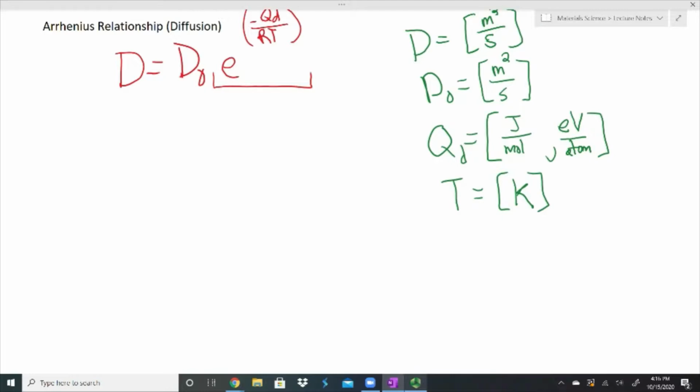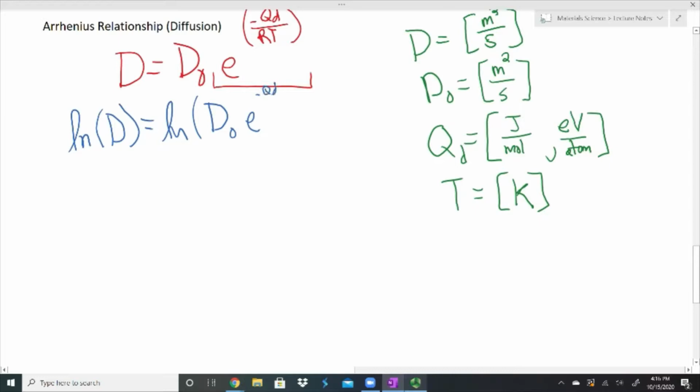What I'm going to do is take the natural log of this entire thing. So I have the natural log of D on one side, I have the natural log of D naught e to the minus QD over RT.